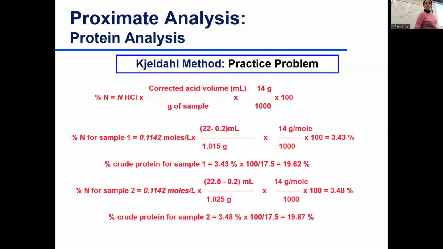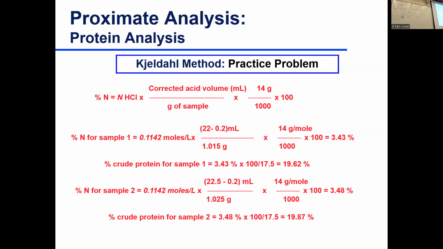So basically you just apply the calculation here, you apply the numbers, you have all of the given. You have the molarity, which is moles per liter. And then you have the corrected volume: this is the blank, this is your sample for one of the reps. This is the weight. This should have a milliliter here, 1,000 milliliter to convert to liter. And then 14 grams per mole.